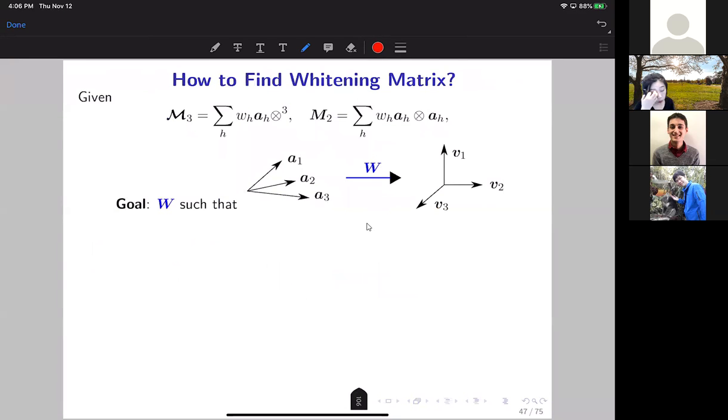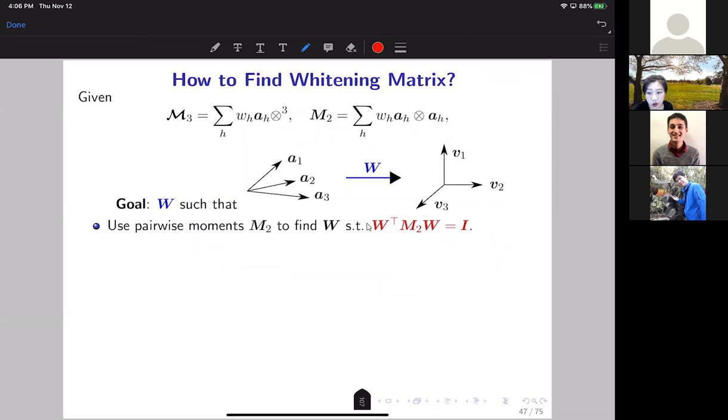But how do we find the whitening matrix? Like I said, we're going to use M2. We first use the pairwise moment M2 to find W such that W transpose M2 W is identity.